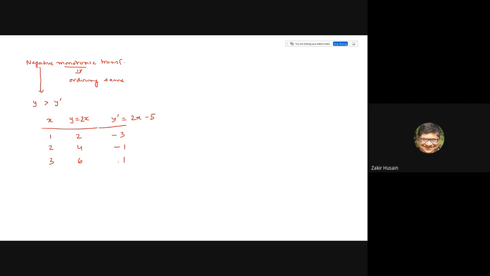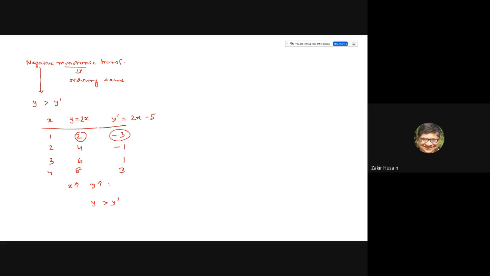Okay? So as x is going up, y is increasing, but look what has happened. y is greater than, this is larger than this. See the ranking is the same, 2 is less, 4 is greater, 6 is greater. Here -3 to -1 is bigger, +1 is greater. If you take 4, this will be 8, this will be 3. Okay, but the transformed value is less than the original value of y. So this is a negative transformation.